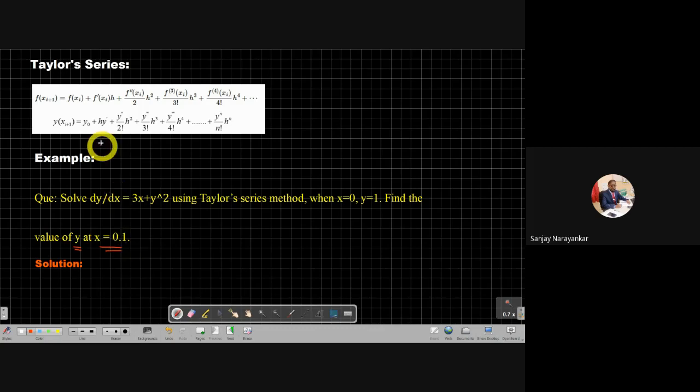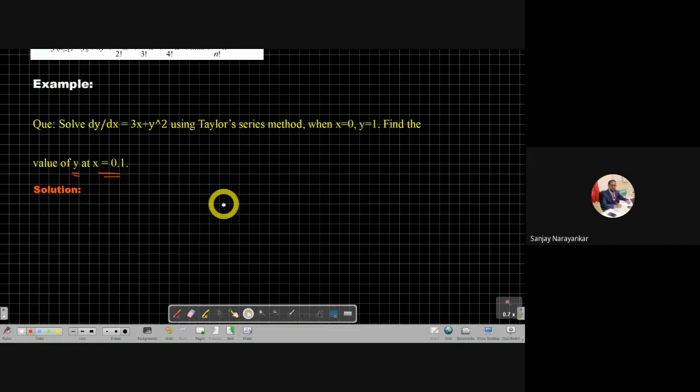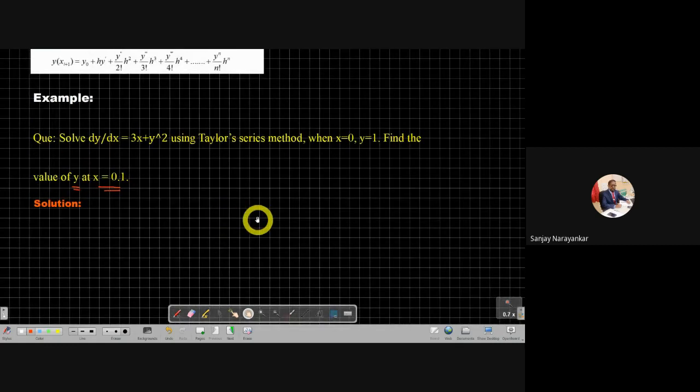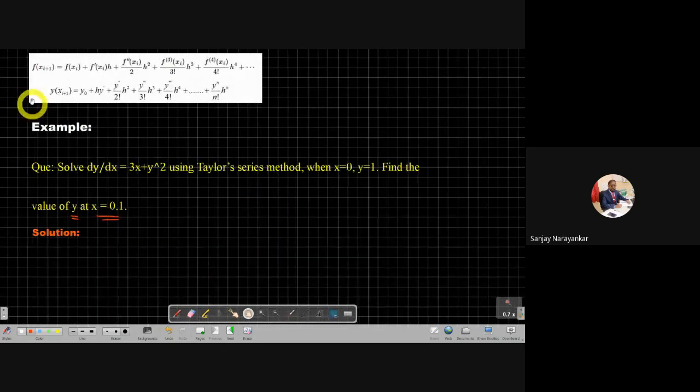Now, if you are looking at this formula, students, in both ways you can say a function f of x or y0. Both are nothing but the same. F dash x is nothing but y dash into h.